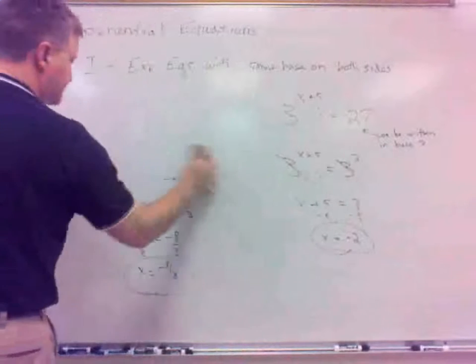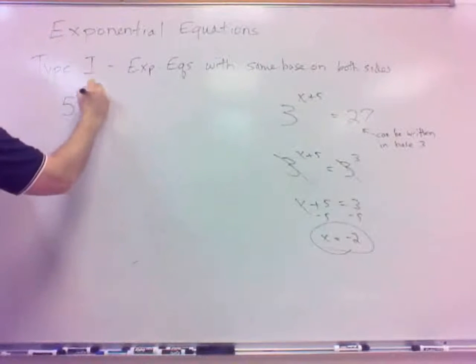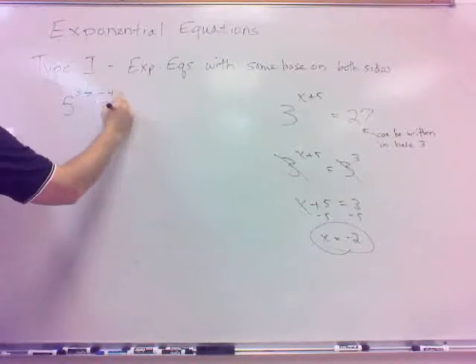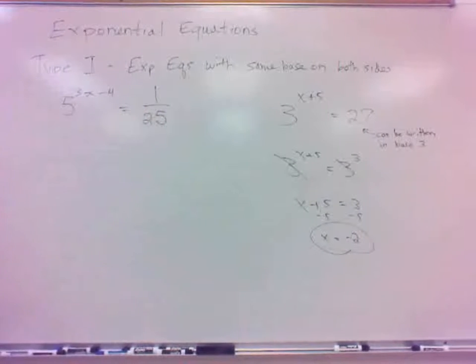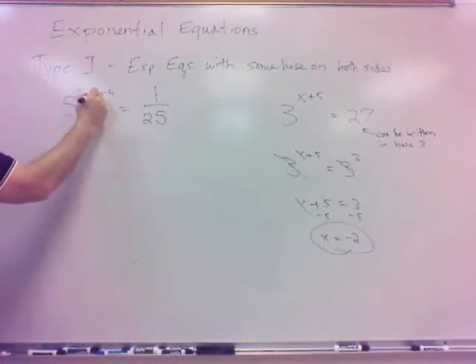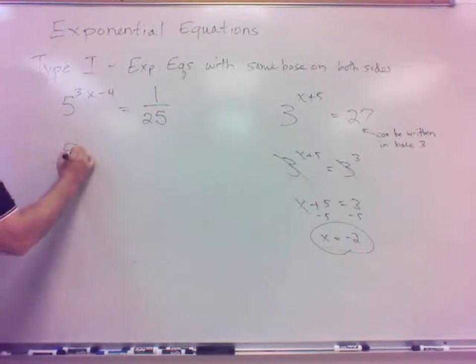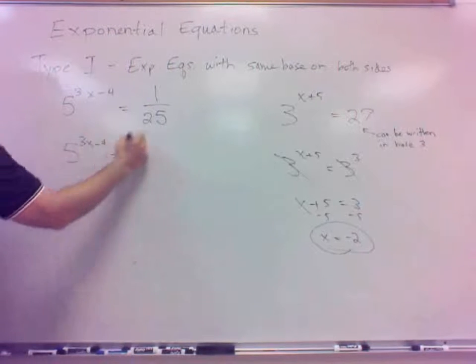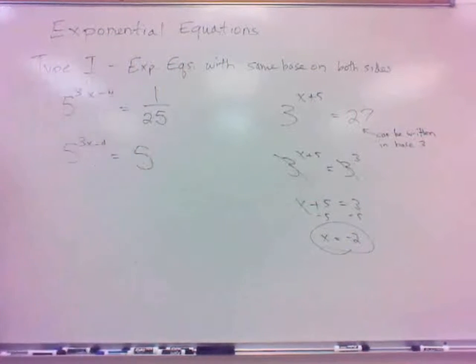What if I have 5 to the 3x minus 4 equals 1 over 25? Well, we know 25 is a nice 5 number, isn't it? 5 to the power. However, it's 1 over 25. So if I rewrite 1 over 25 as 5 to the power, it's not 5 squared, what is it?